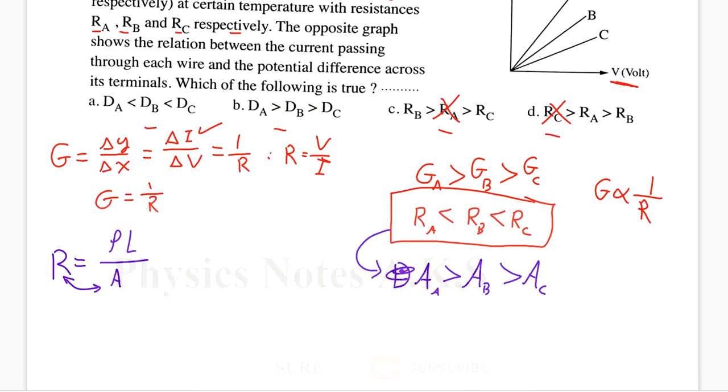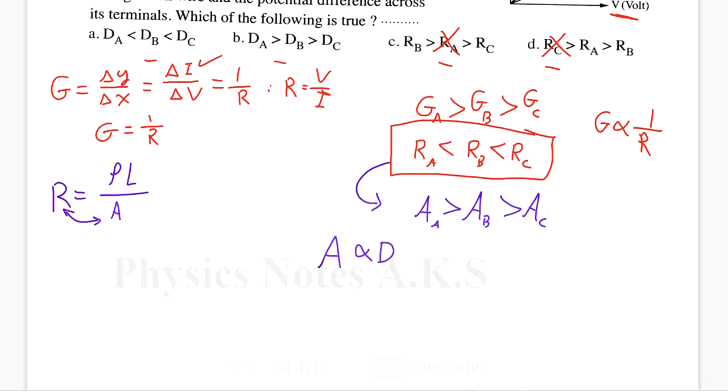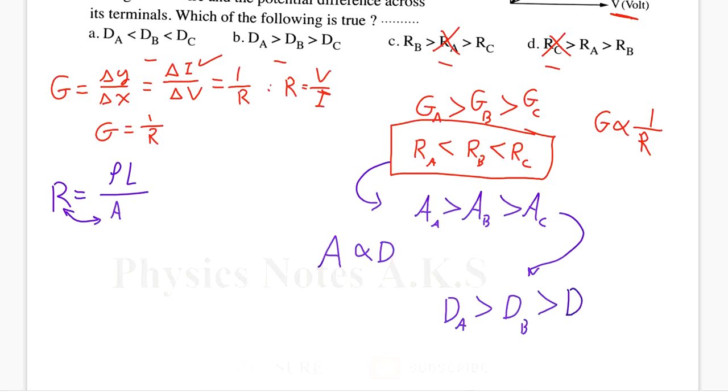Okay, again, because we agreed that resistance and area are inversely proportional, and we know that area and diameter are directly proportional, from this one I can say that diameter of A is bigger than diameter of B, which is bigger than diameter of C. So it depends on the relation between area and diameter and resistance.